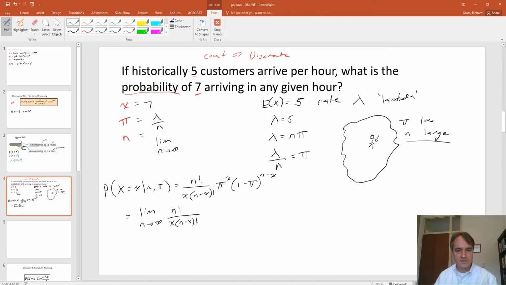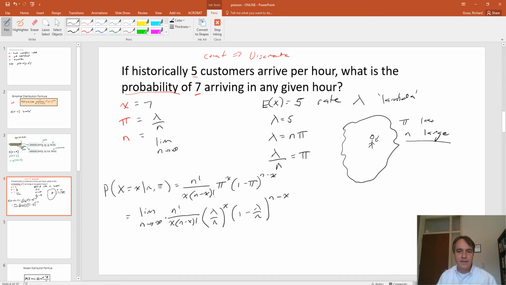Now we've got pi to the x here, so this is going to be lambda over n to the x, and it's 7 here, but we'll keep it general. And then times 1 minus lambda over n to the n minus x.